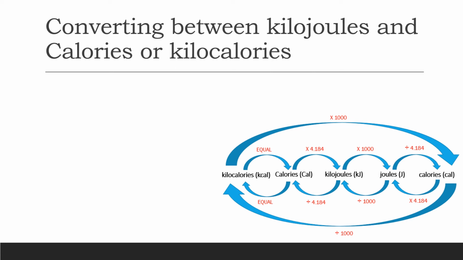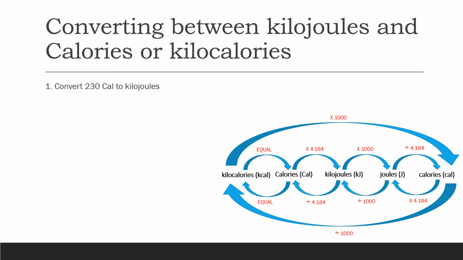Converting between kilojoules and calories with a capital C, or kilocalories, because remember, Calories and kilocalories are equal. They're the same. Let's have a look. Convert 230 Calories to kilojoules. Okay, so capital C for Calories.